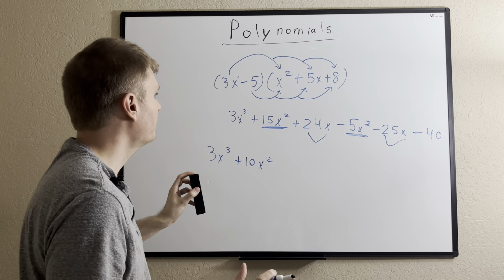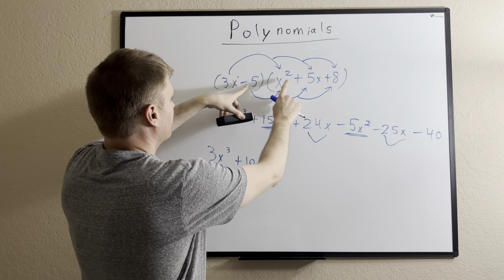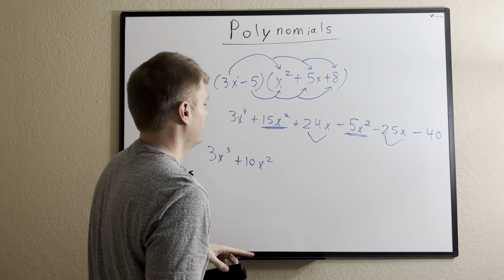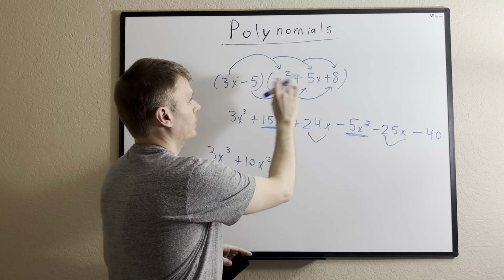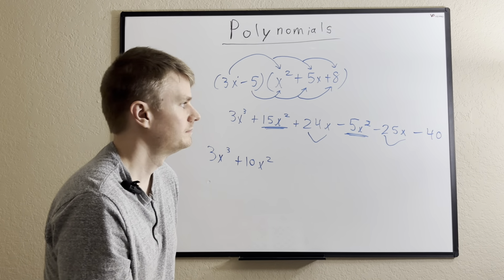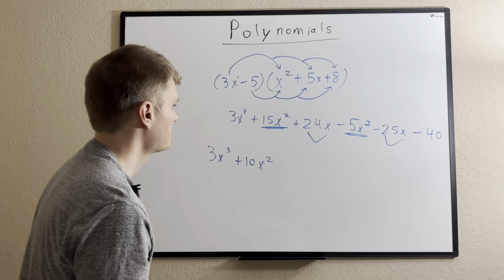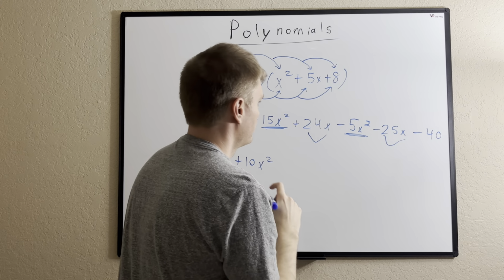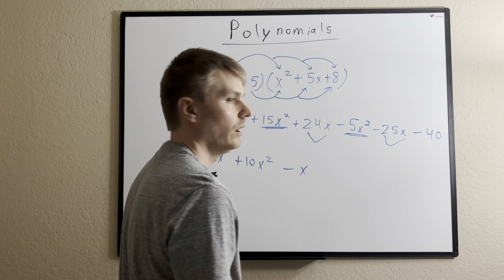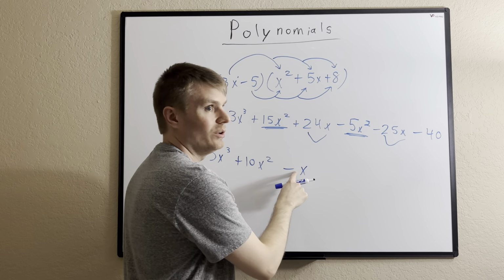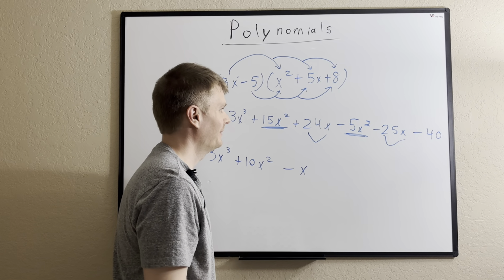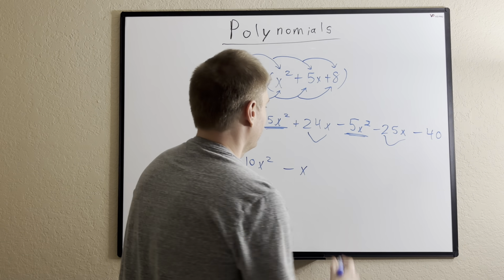If you're thinking, whoa, wait a minute, I thought we were adding those exponents together. No. That's when we're multiplying terms together. But when you're adding terms together, the exponent stays the same. 24 minus 25, negative 1, right? The 1 is understood. You hardly ever write ones when they're in certain places in math.